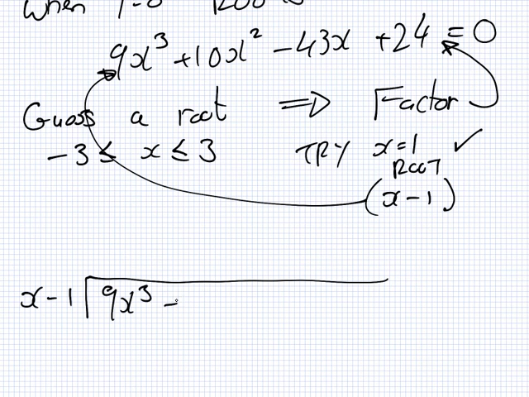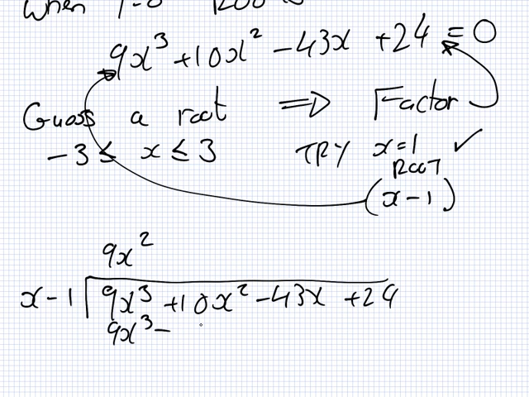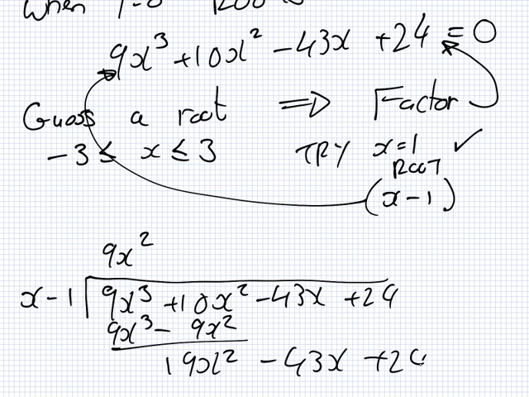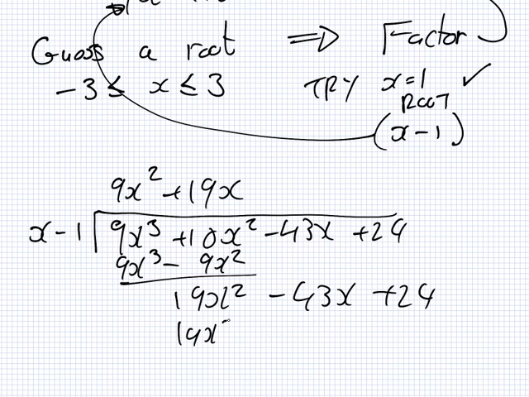9x cubed plus 10x squared minus 43x plus 24. So first, 9x squared. 9x cubed minus 9x squared, left with 19x squared. Next is 19x. So now I have 19x squared minus 19x.